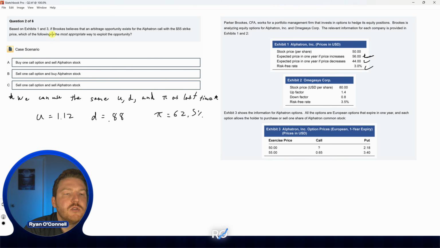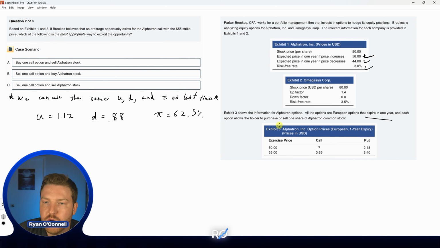Based on exhibits 1 and 3, if Brooks believes that an arbitrage opportunity exists for the Alphatron call with the 55 strike price, which of the following is the most appropriate way to exploit the opportunity? So exhibit 3 shows the information for Alphatron options. All the options are European options that expire in 1 year.